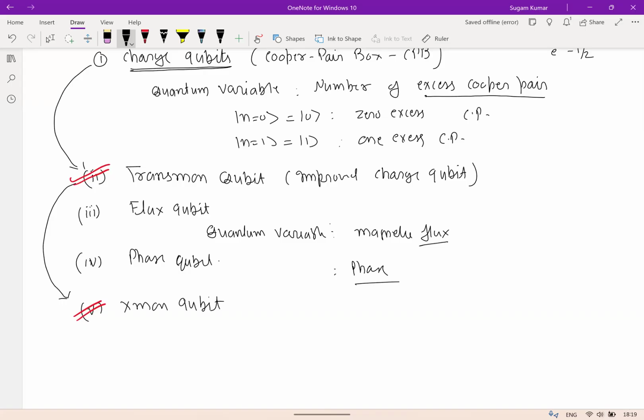Okay. The xmon qubit is, again, as I mentioned, an extension of the transmon, and another is the fluxonium. This actually has a combined feature of flux and transmon.